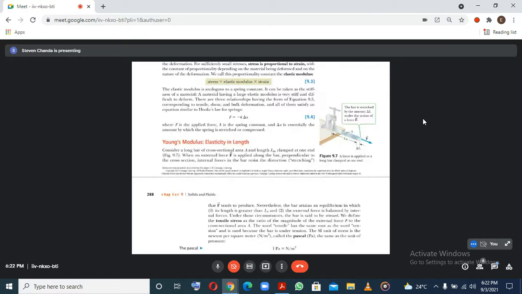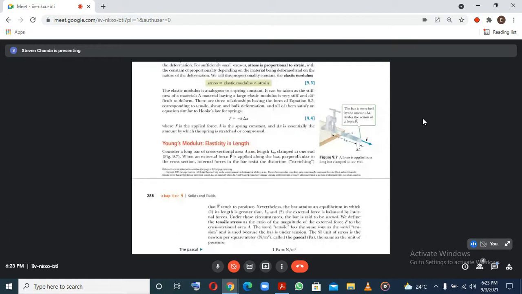Now, why are they bringing it out to say for sufficiently small stresses? It's because, like I said, once the stress is too much and the substance is permanently deformed, then the proportionality is lost.